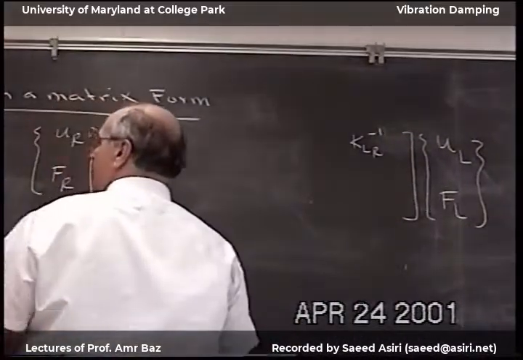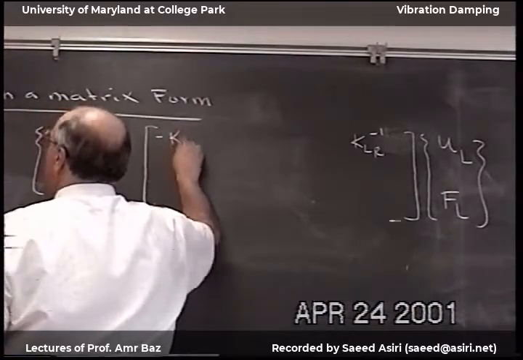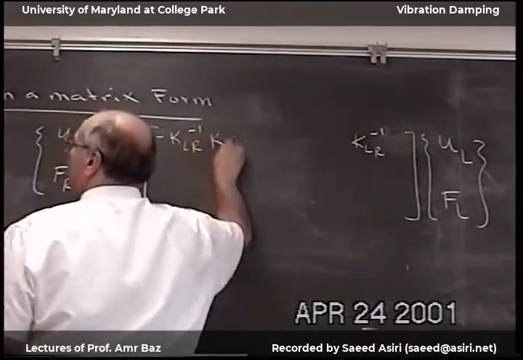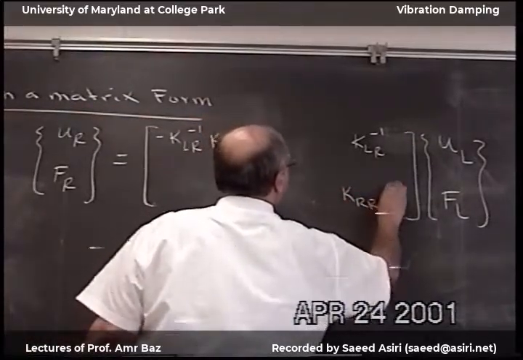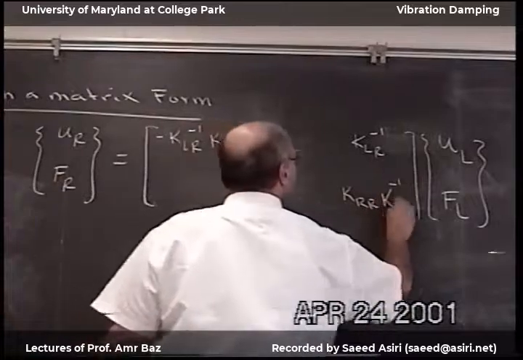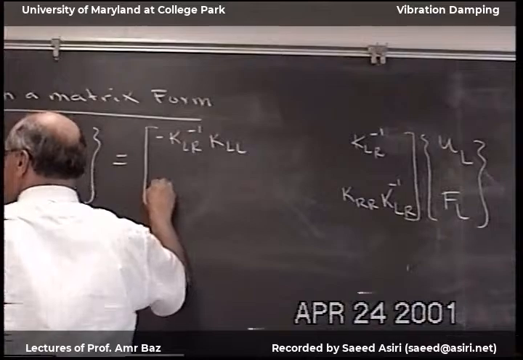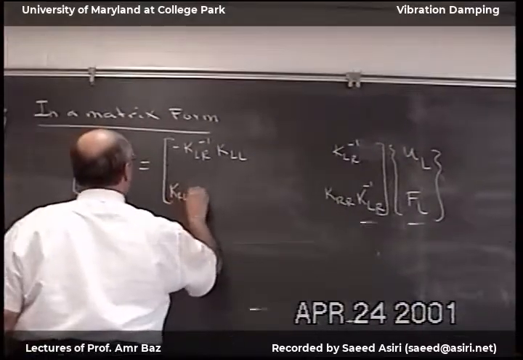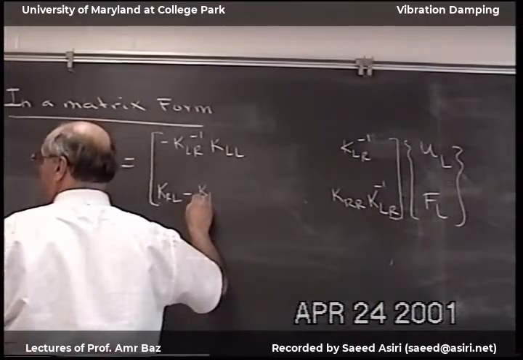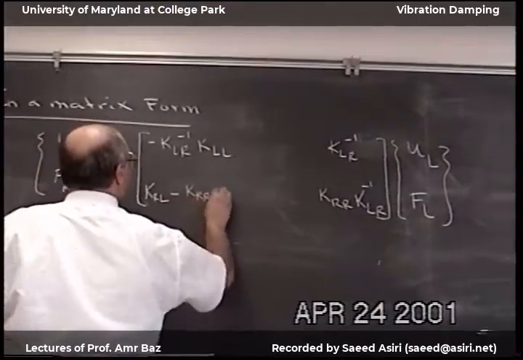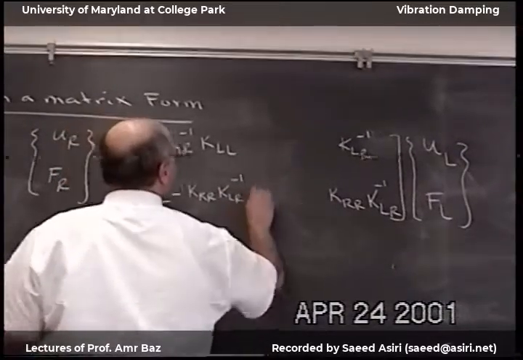And then we have from here minus KLR inverse KLL, KRR KLR inverse, and then KRL minus KRR KLR inverse KLL.